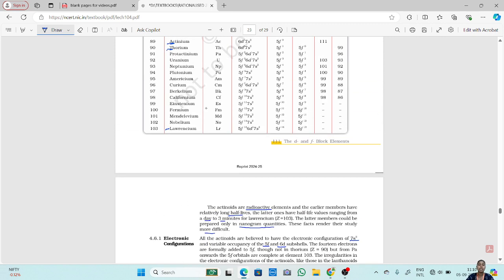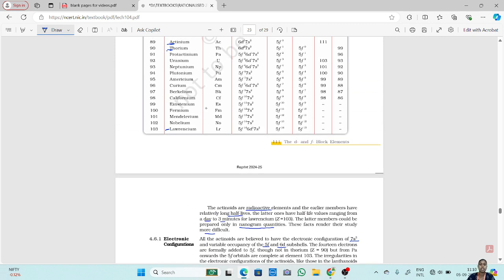For example, in the first transition series, you have 4s2 as common, and 3d is the variable one, because electrons are being added to 3d: 1, 2, 3, like that. As you go across, the number of electrons added in the d orbital varies, so d is a variable occupancy, whereas 4s2 is a fixed occupancy.